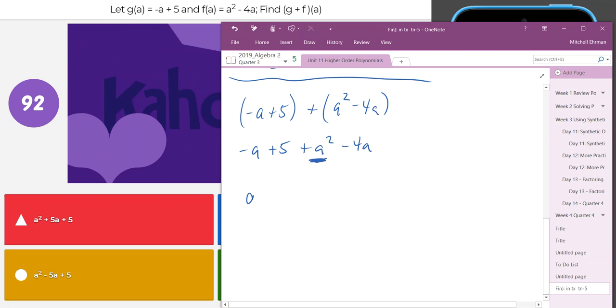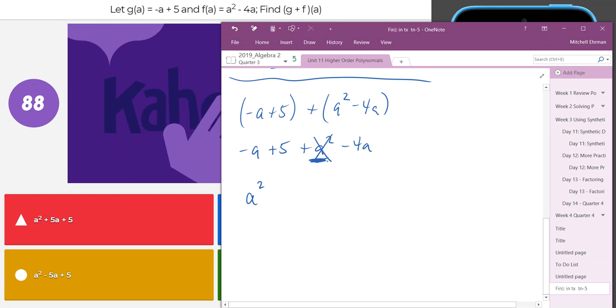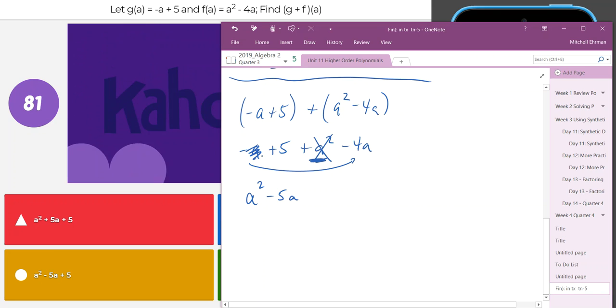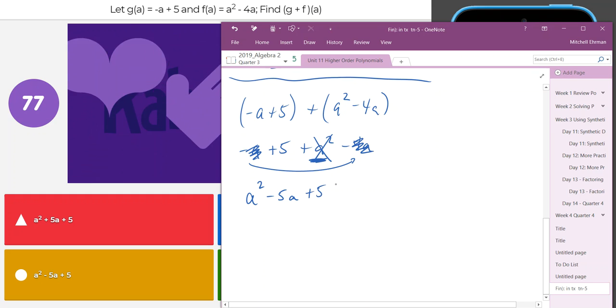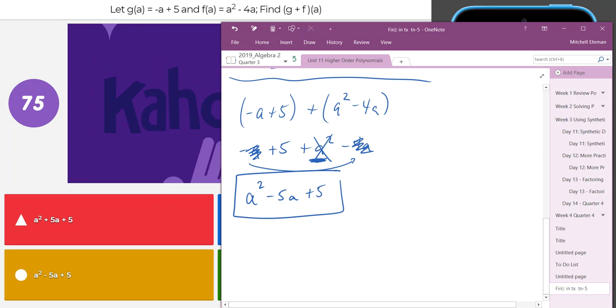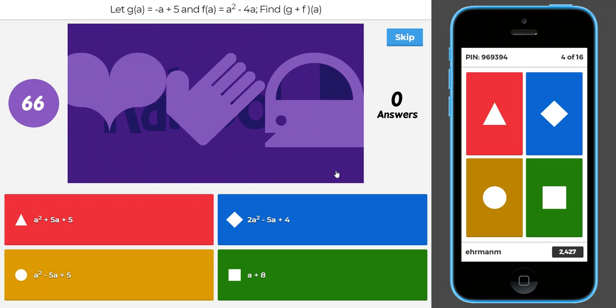There's nothing to combine with the a squared, so I'll record it first since it has the largest exponent. The negative a can combine with the negative 4a to make negative 5a. Takes care of those two terms. And then finally we have a plus 5 at the end that has nothing to combine with it. So I'm looking for a squared minus 5a plus 5, and that looks like circle to me. So I'll go ahead and choose circle.